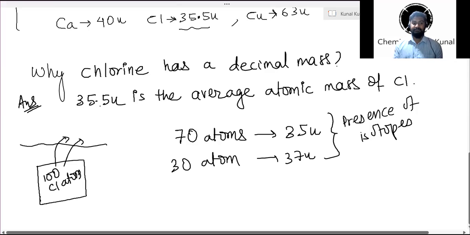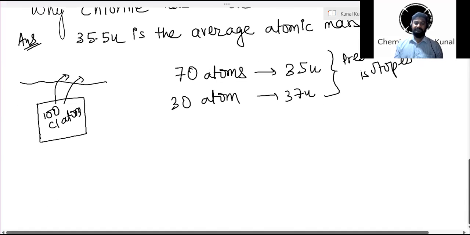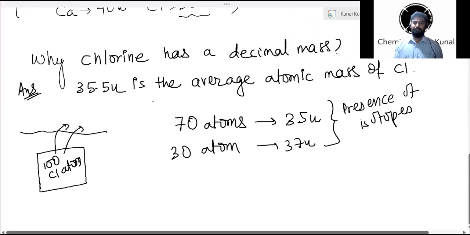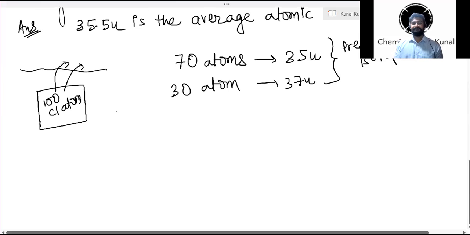Is it 37? No. Is it 35? No. Then what is it? Average. That's when the concept of average comes. This is what we mean by finding average mass. So due to the presence of isotopes, masses sometimes become fractional.